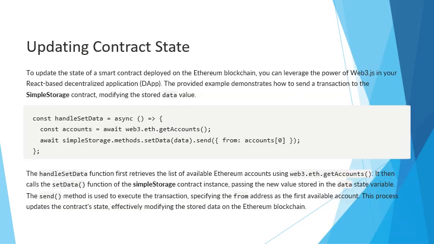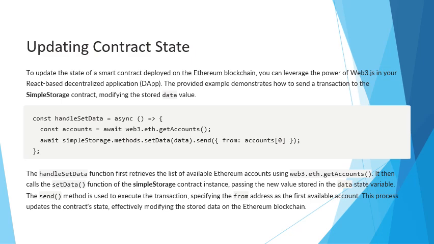To update the state of a smart contract deployed on the Ethereum blockchain, you can leverage the power of Web3.js in your React-based decentralized application. This example shows how to send a transaction to the SimpleStorage contract, modifying the stored data value. The handleSetData function first retrieves the list of the available Ethereum accounts using web3.eth.getAccounts.